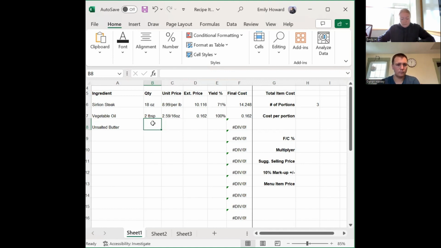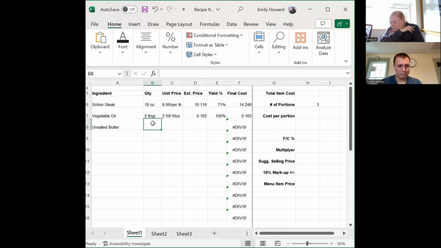No. 2.5 ounces? So that might seem like the right way to do it, but because it's not a liquid, it's a little different. So would it be a dry measure technically?